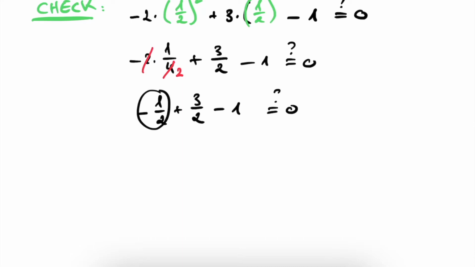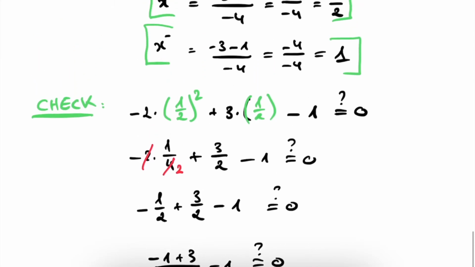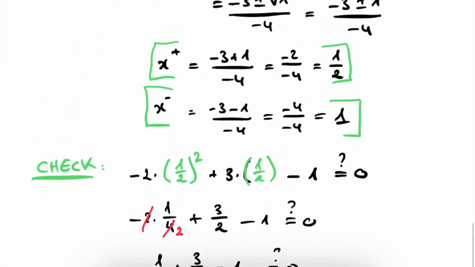These two have an equal denominator, so they're both divided by 2, so we can just write it like this: minus 1 plus 3, which is just 2, divided by 2 minus 1, and this is indeed equal to 0. So this first solution was indeed correct.